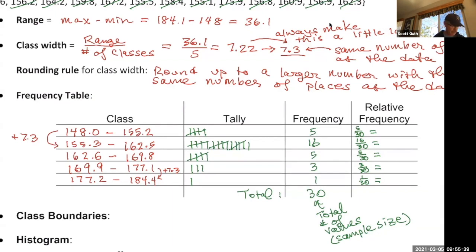So real quickly, I think I probably could do some of this in my head, but 5 divided by 30 is 0.167. And 16 divided by 30 is more than half, so that's 0.533. You can see I'm keeping 3 places after the decimal.